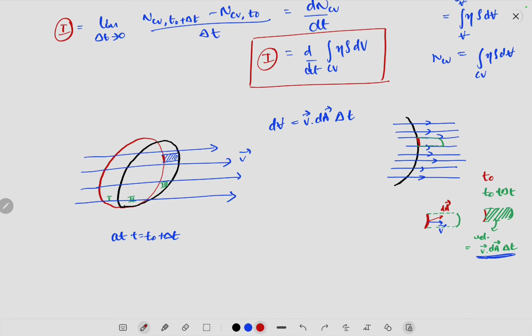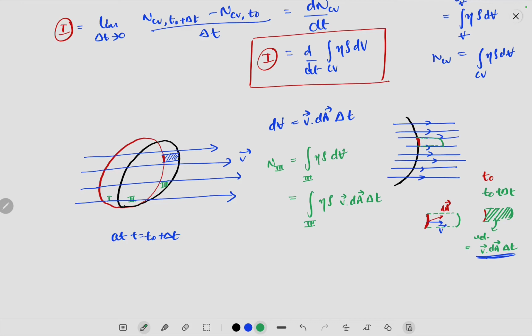Now if I ask you what is N3, N3 was the integral over this region 3 of eta rho dV, correct? Let's say this volume element is this dV, so I can write this as the integral of eta rho over region 3 of V dot dA delta t.